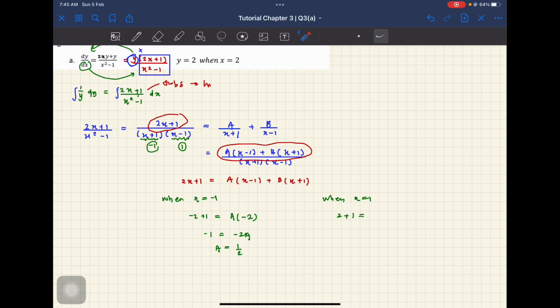So masukkan dulu 1, so masukkan 1 dekat sini, keseluruhannya akan jadi kosong. Right, so awak akan ada b sahaja, and then 1 plus 1 is 2. So you have b times with 2. So kita akan dapat 3 equals to 2b. b is equals to 3 over 2.